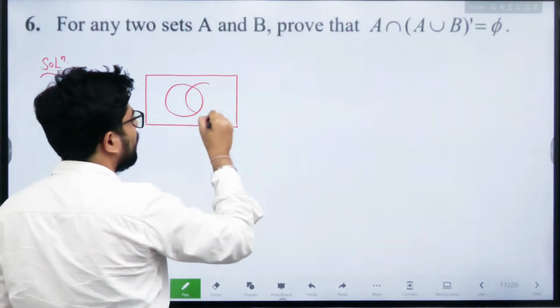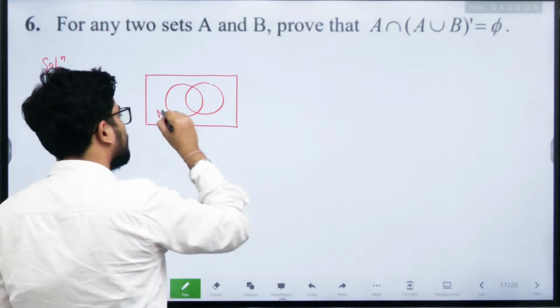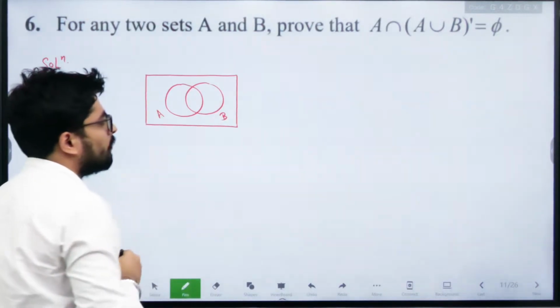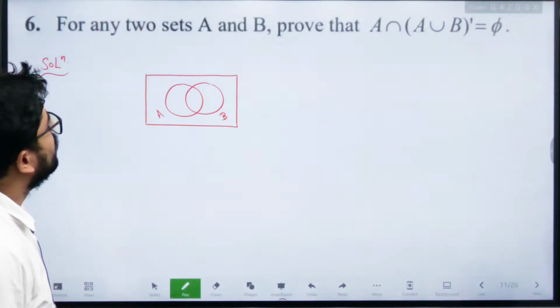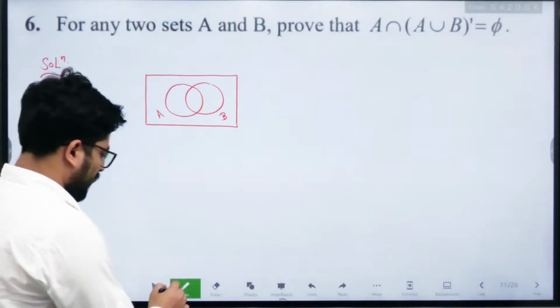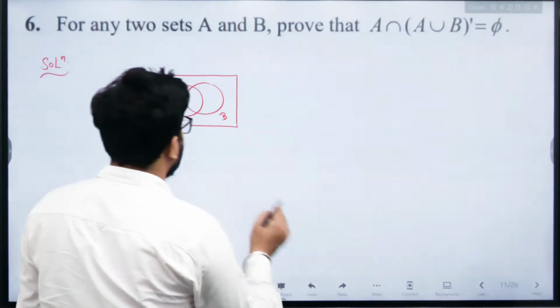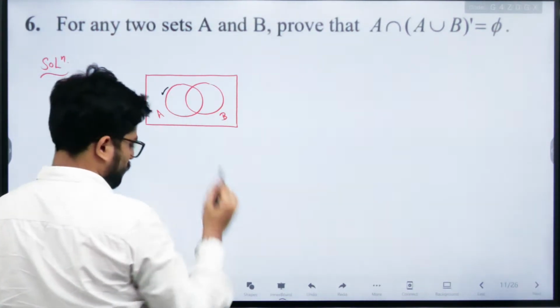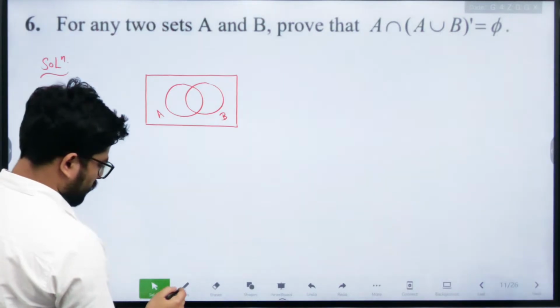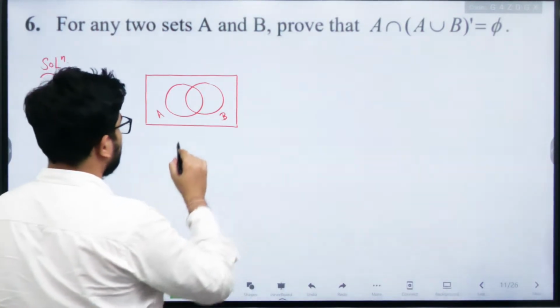This is set A, this is set B. A union B dash is what? This is A union B, so A union B dash is this part.